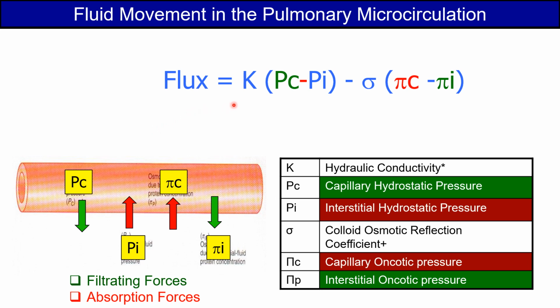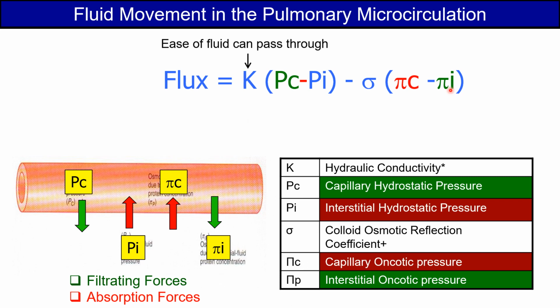Starling's equation states that K, which stands for hydraulic conductivity, times the difference between the capillary hydrostatic pressure and the interstitial hydrostatic pressure, minus K sigma, which is the colloid osmotic reflection coefficient, times the difference between the oncotic pressure in the capillaries and the oncotic pressure in the interstitium.